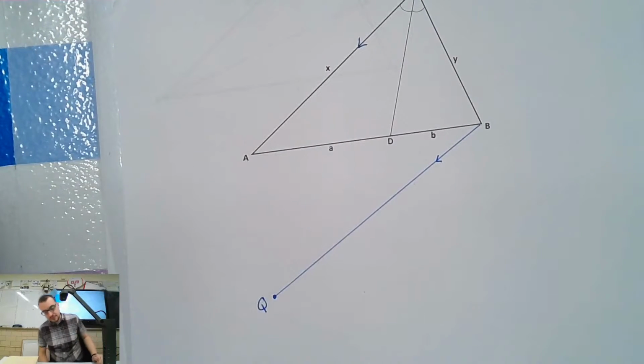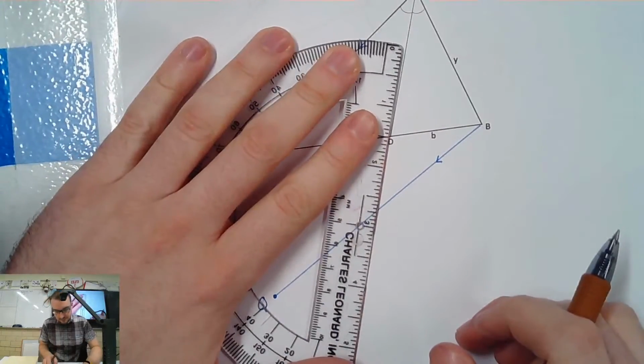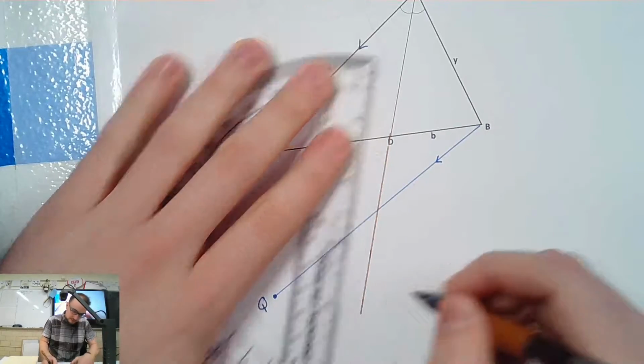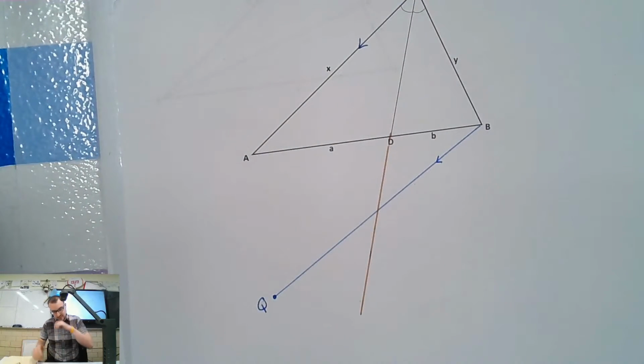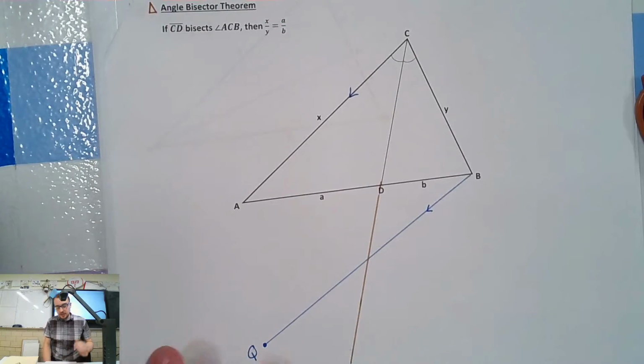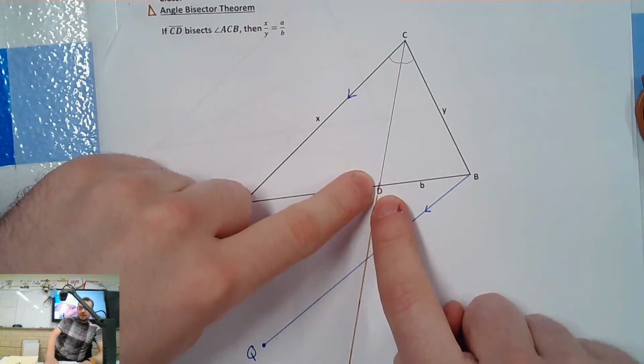Right? We're going to do the proof on the next page. So I'm just drawing you the general idea right now. So you don't have to draw this if you don't want to. And then I'm going to extend this line. Is that point Q? And you'll notice now that we're going to have some vertical angles here, right?